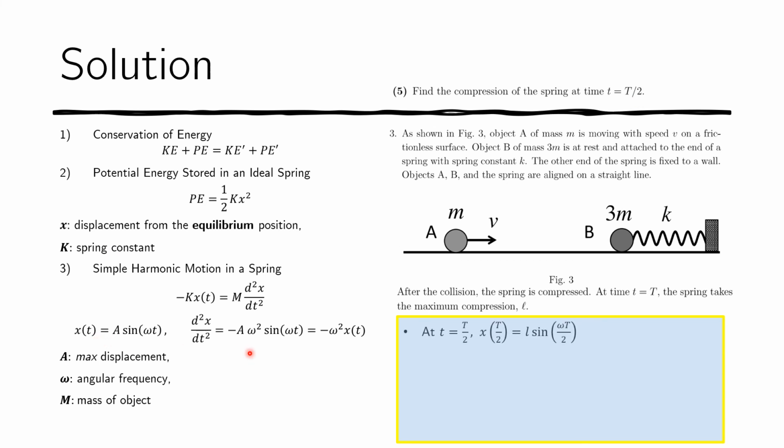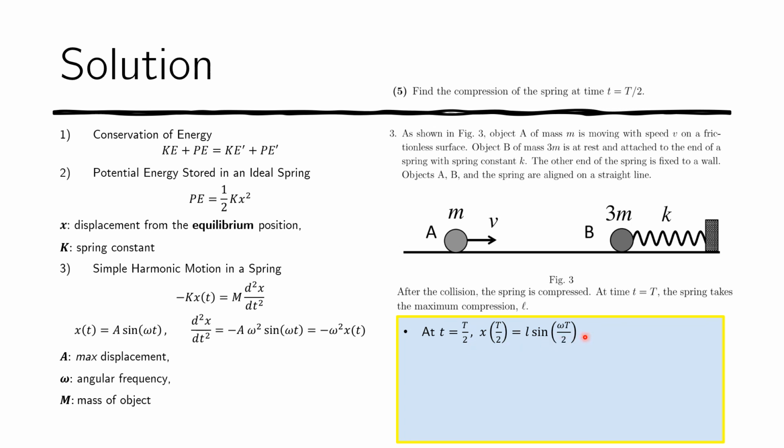And so let's do that. So here we replace that. X of T over 2 equals L sine of omega T over 2. So we just replace the t with this T over 2 here. And here L is equal to A. We already know this from question 3. So we are just going to use it here.